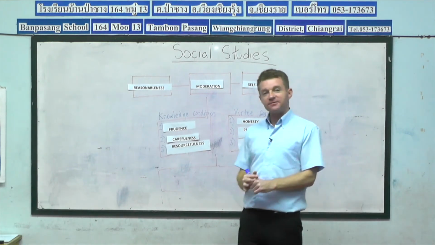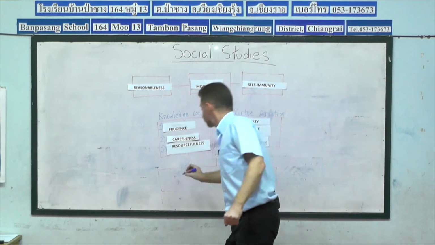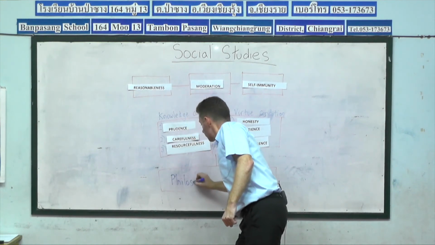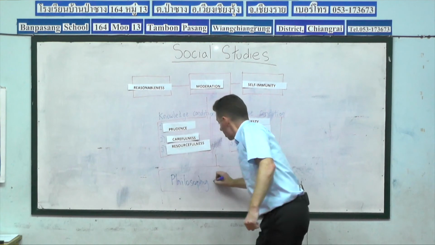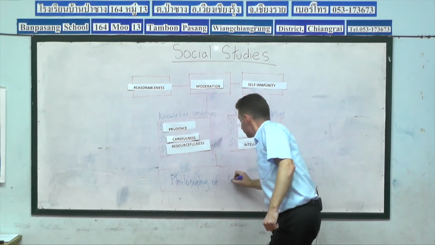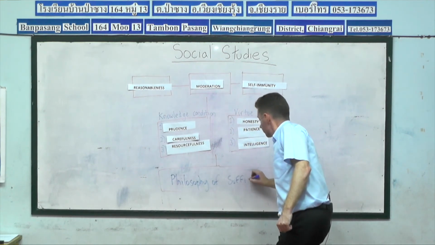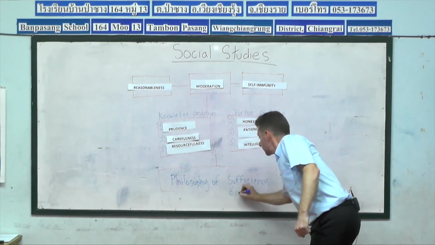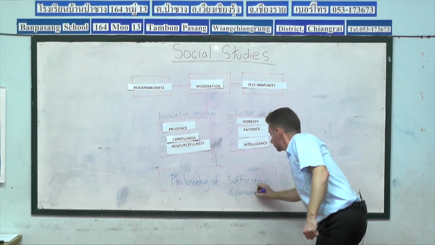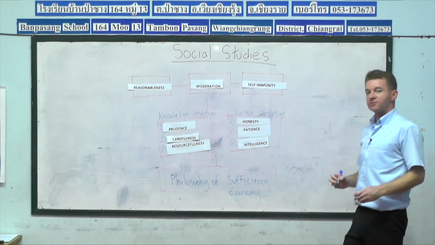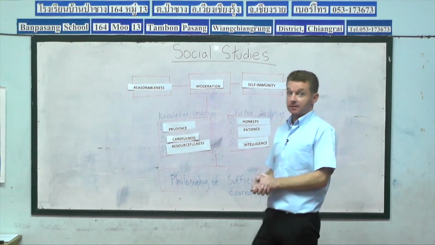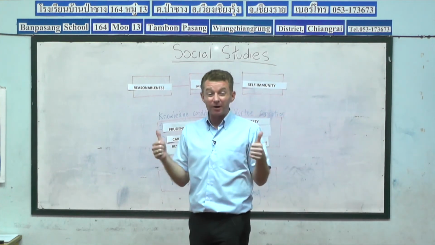And all these things together, they create philosophy of sufficiency economy. Yes, which is the way of living that was introduced to Thailand by the former king. Okay? And guys, that was brilliant. Very well done.